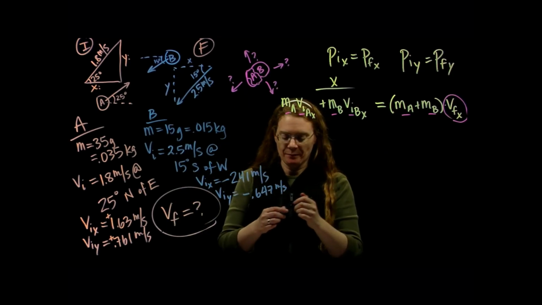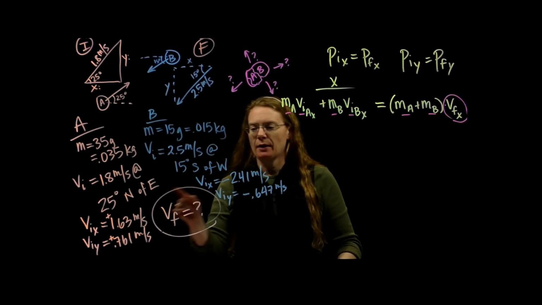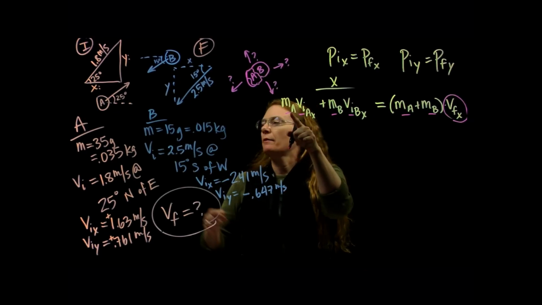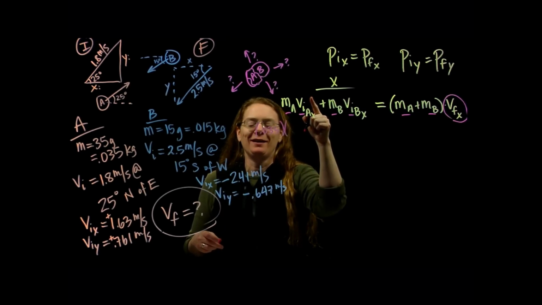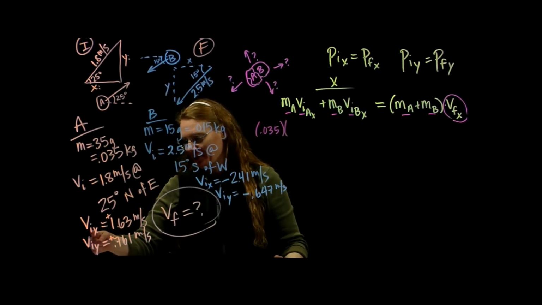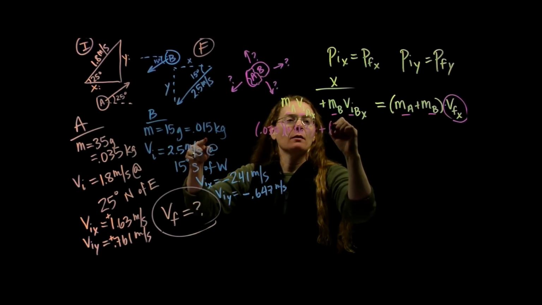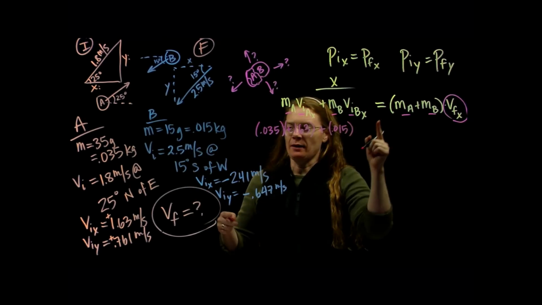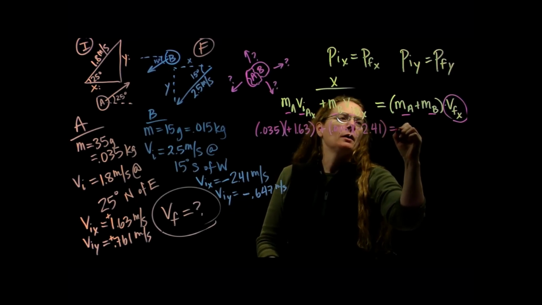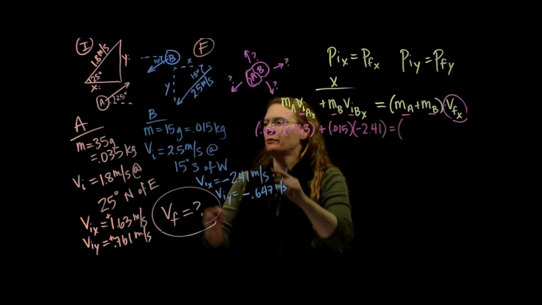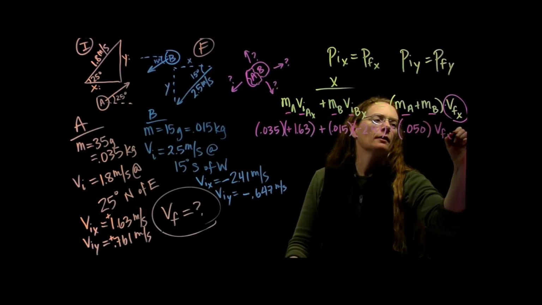Okay, now I can do this. For now, all I care about is the x direction. So I'm going to be using the 1.63 and the negative 2.41. The mass of A, 0.035 times V initial A in the x direction, plus 1.63, plus the mass of B, 0.015 times V initial B in the x direction, negative 2.41, equals the mass of them combined, 35 plus 15 is 50, so 0.050 V final x.